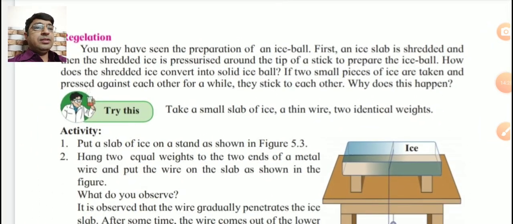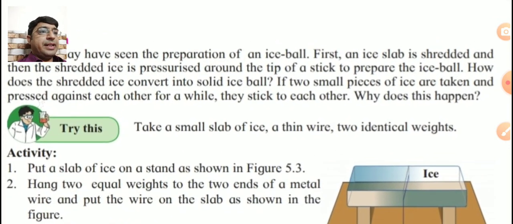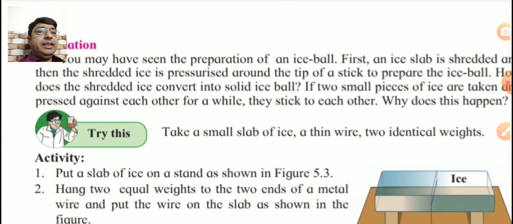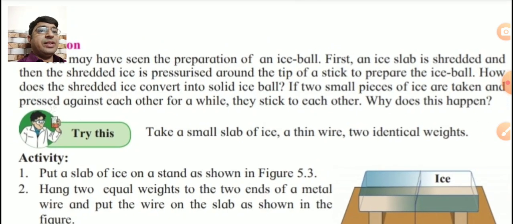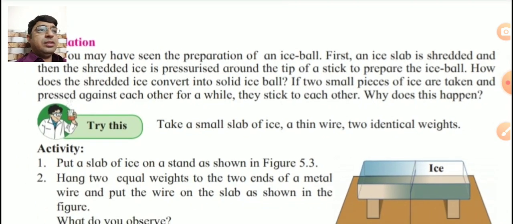You may have seen the preparation of an ice ball. First, an ice slab is shredded and then the shredded ice is pressurized around the tip of a stick to prepare the ice ball. So, how does the shredded ice convert into a solid ice ball?